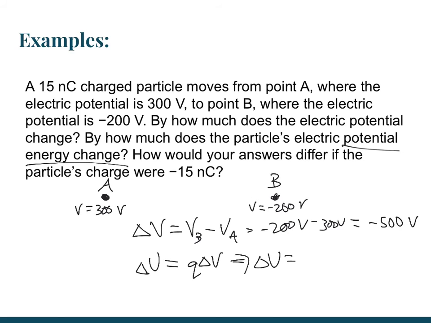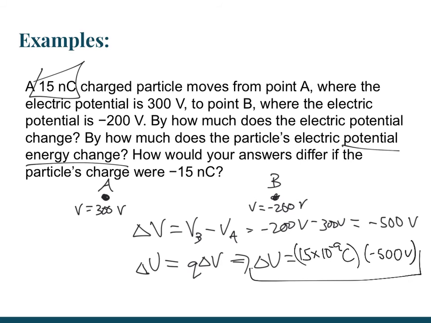Delta U equals Q. Our Q is 15 nanocoulombs, 15 times 10 to the negative 9th coulombs, times the potential difference, which is negative 500 volts. So the particle's electric potential energy changes this amount, whatever that is. I'm not going to actually type it in the calculator. So the potential difference didn't depend on the charge, but the potential energy difference does depend on the charge.